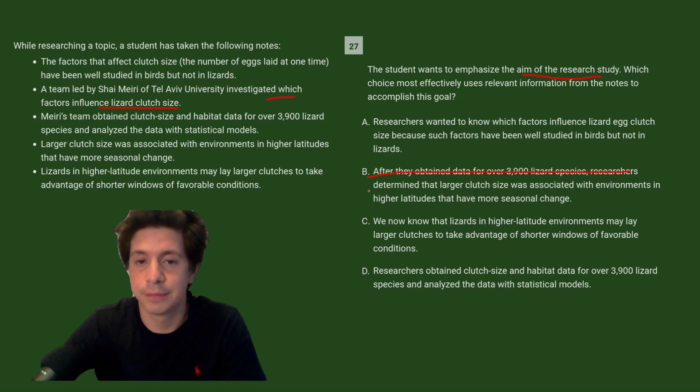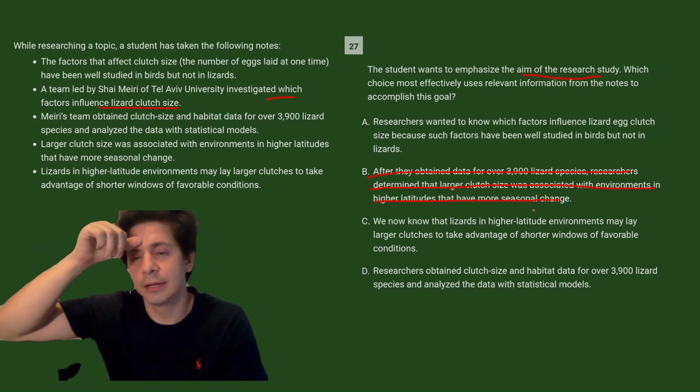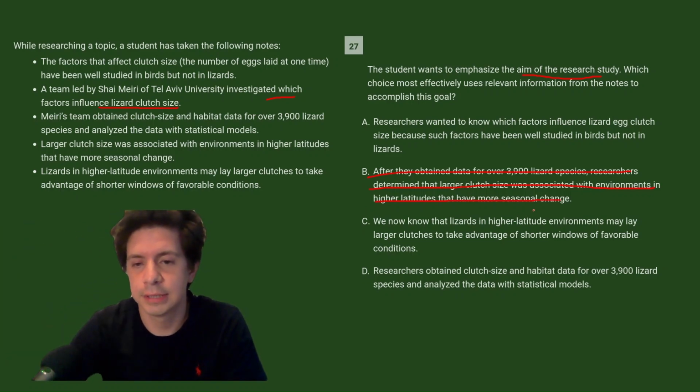That maybe gives us the results, but not the purpose, not the aim, right? We now know that lizards in higher latitude environments may lay larger clutches to take advantage of shorter windows of favorable conditions. That also just gives us the results. And researchers obtained clutch size and habitat data for over 3,900 lizard species and analyzed the data with statistical models. That gives us the method, not the aim, right? So then it's going to be aim of the research study, so it's going to be A.